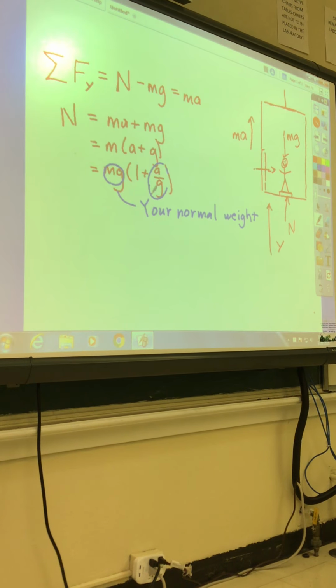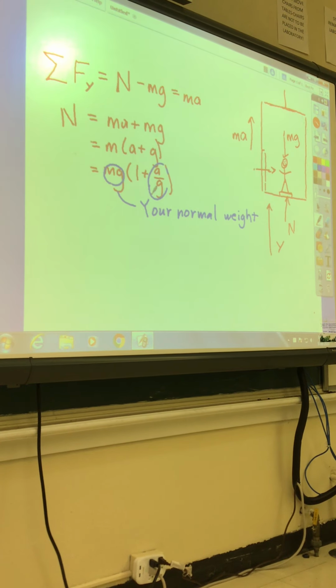If you push the down button and look at the scale, then as the elevator accelerates down, because a is now negative, the 150 drops, maybe 140, 135, something like that. When the elevator reaches its terminal speed going down, the weight goes back to 150.